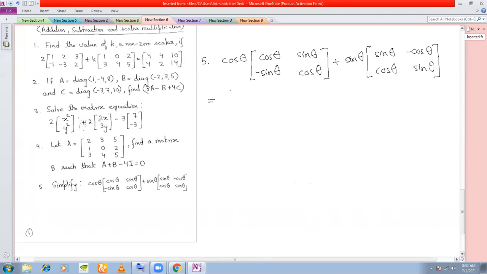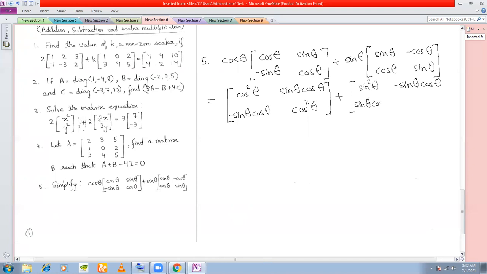You want to simplify. cos θ is a scalar, so multiply here by cos θ: you get cos²θ, sin θ cos θ, minus sin θ cos θ, and cos²θ. Plus, this is sin²θ, minus sin θ cos θ, this is sin θ cos θ, and this is sin²θ.